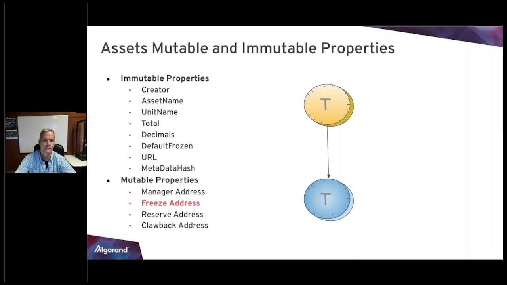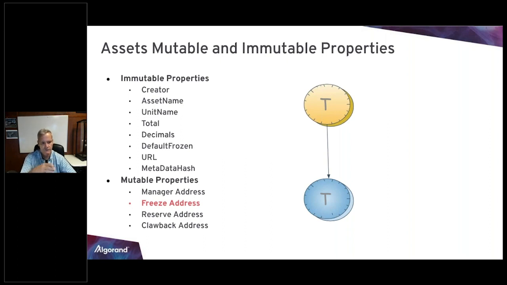So what does that look like? Well, I'll give you the freeze address. If you look, these are the asset properties. You have a set of immutable properties and mutable properties. The immutable properties are typically what you put in the UI if you use AlgoExplorer, or if you're using Go, you can put them in the command line: the creator, the asset name, those types of things. But one of them is default frozen.